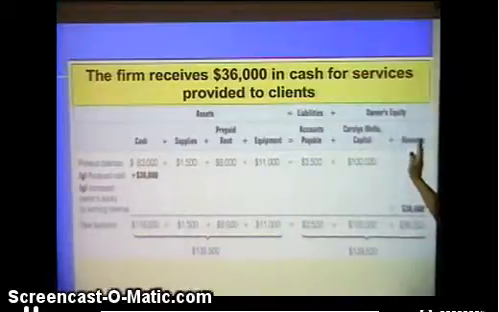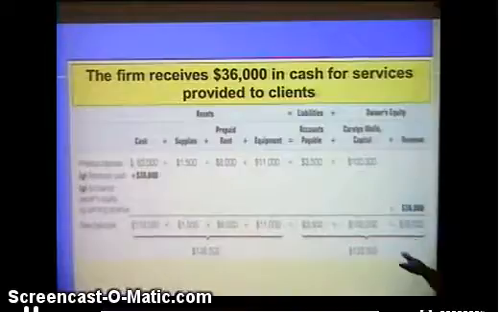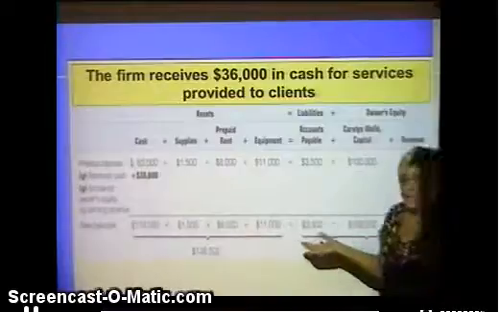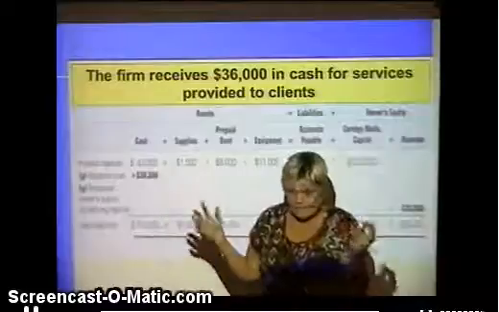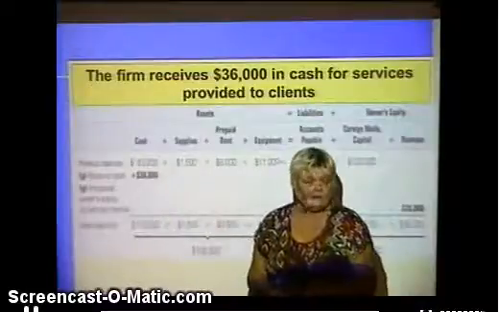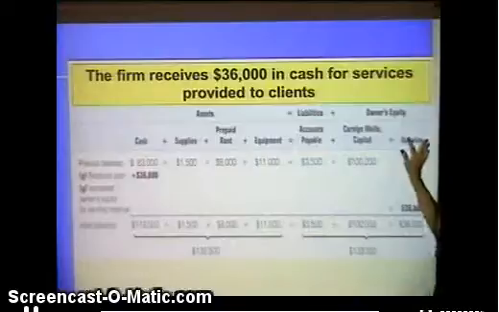So if she didn't have any expenses, and we were not going to do a statement at the end of the month, we could just throw it into her equity, couldn't we? She earned it, money came in. It's the same thing as if she went to the bank, got money, and put it in cash, right? Essentially. So we're going to keep up with revenue separately until the end of the month.